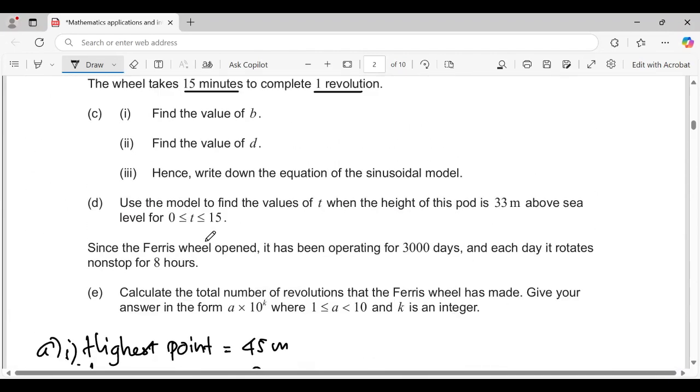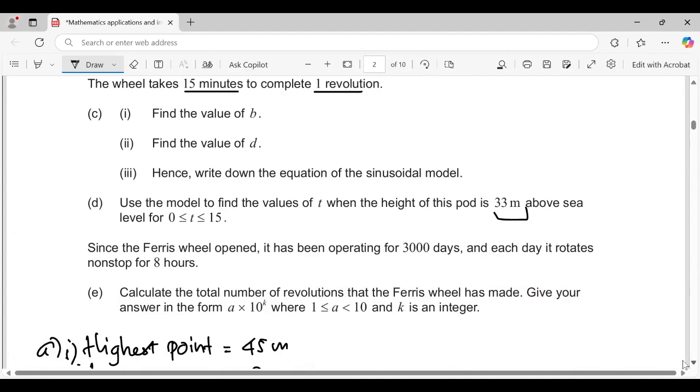Use the model to find the values of t when the height of this spot is 33 meters above sea level for t in the interval 0 to 15.